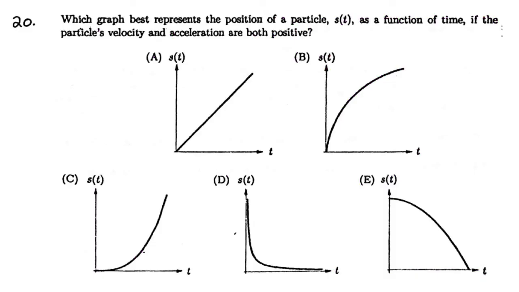All right, and then for our last problem on this packet, you're going to have: which best represents the position of the particle s at t if the particle's velocity and acceleration are both positive? All right, so we know that v at t and a at t are both positive, and we're asked for the position.